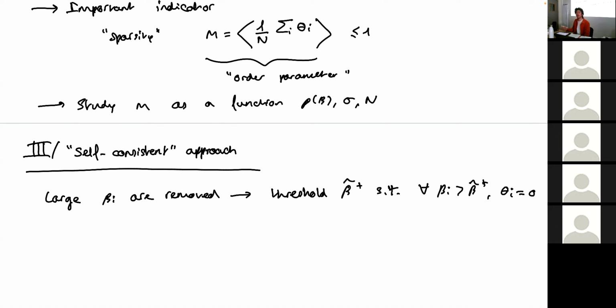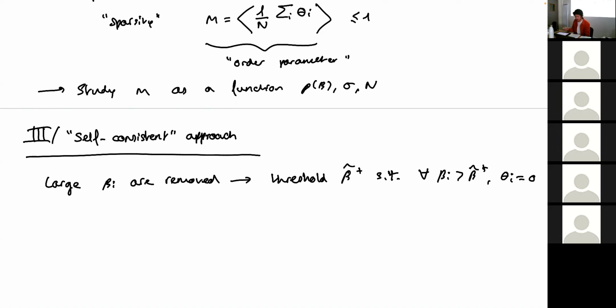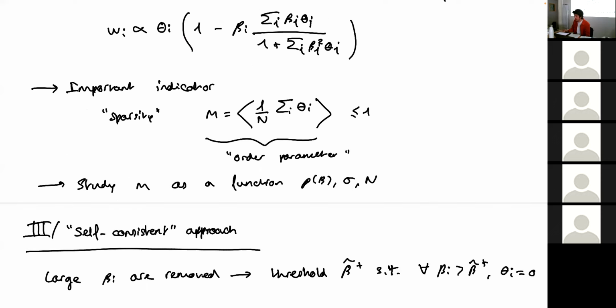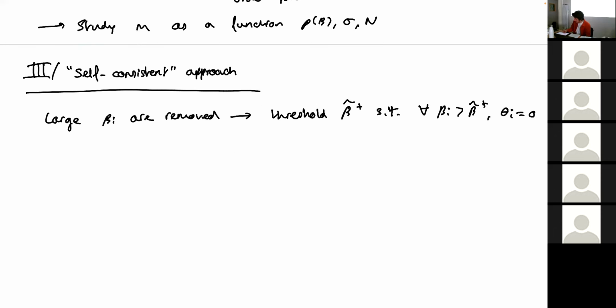So you're discarding all the things that are too risky or too hungry to be included in the final portfolio or ecosystem. If you use the formula above and set it to 0, you have an expression for this threshold, which once again is going to be sample specific. And so now you have this expression. Beta J, beta J.